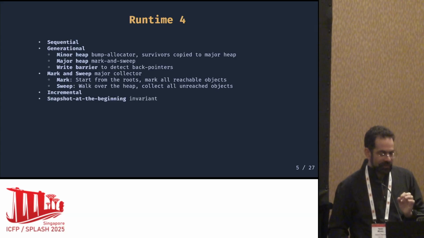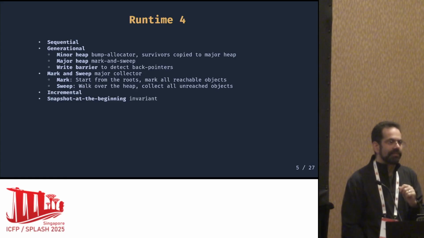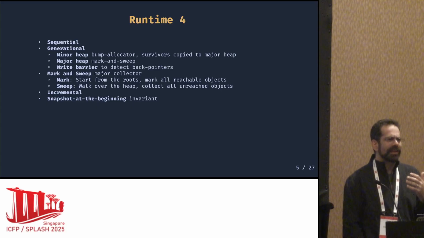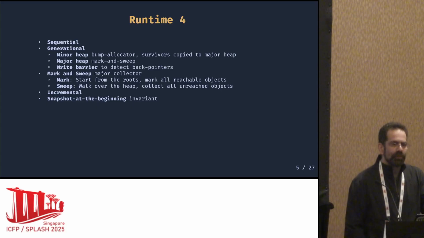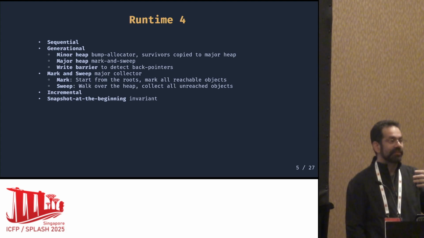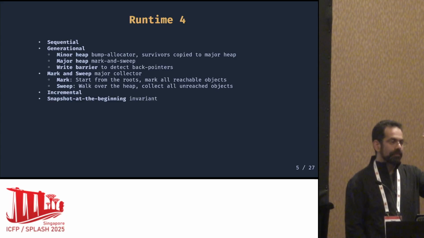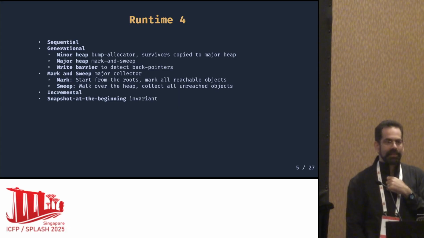One other important part of the design is that it's built on what's called a snapshot-at-the-beginning invariant, which answers the question: what does it mean for the collector to be correct? What does it have to collect? The idea is that anything that was allocated at the beginning and is unreachable should be collected by the end.